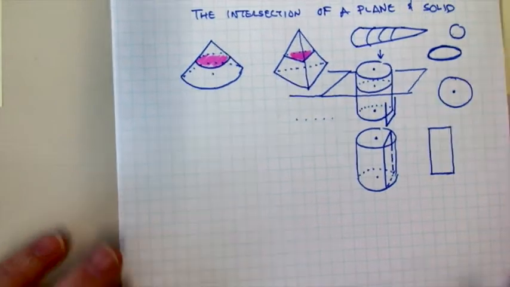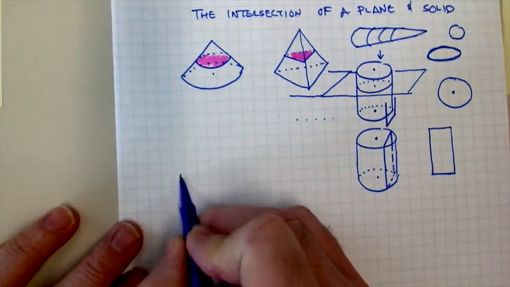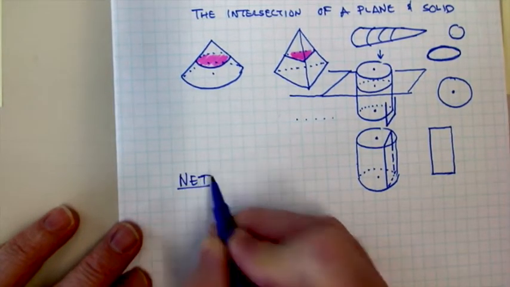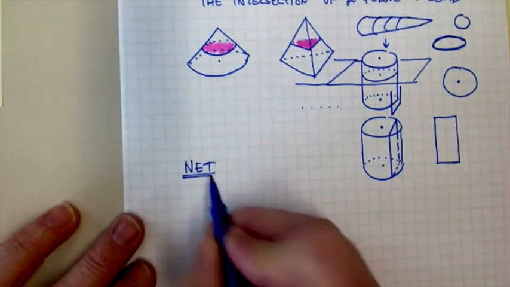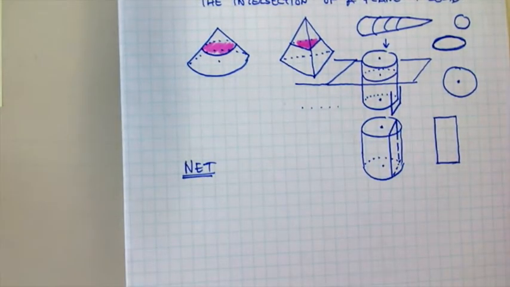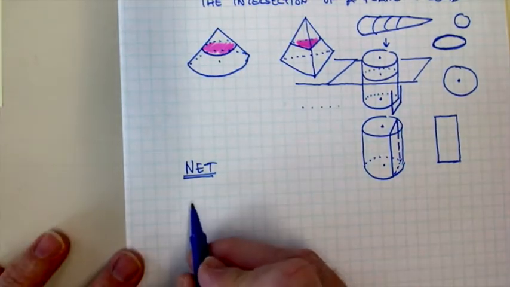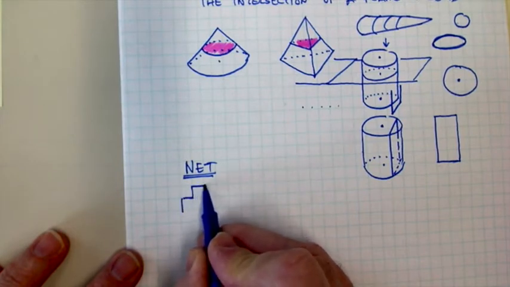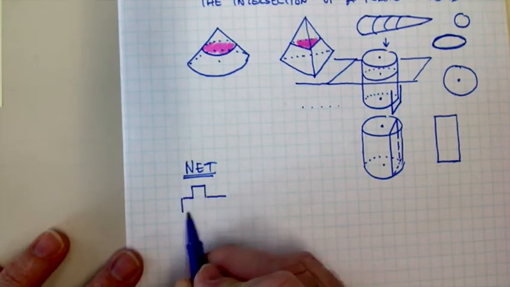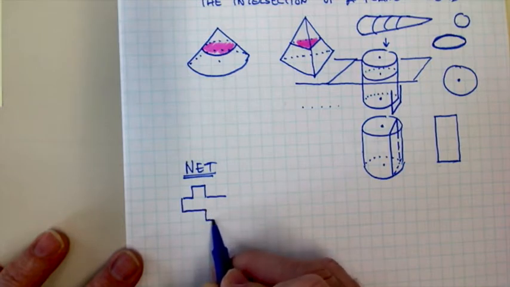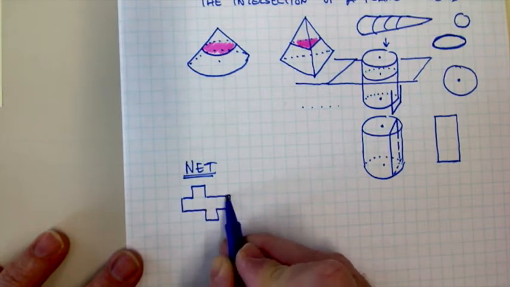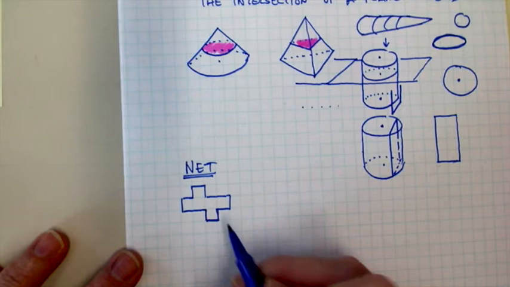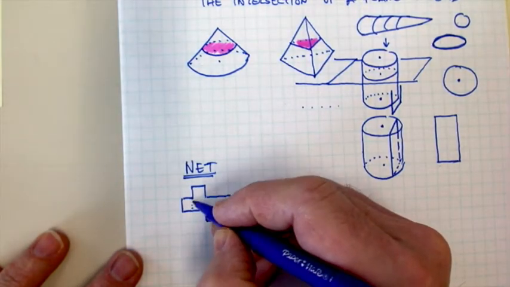Okay? Now, next I want to talk about something that you had been introduced with back in the middle school, and that's the idea of a net. And I'll go rather quickly over this because most people can quickly see what these are. So go ahead and sketch this one down on your paper and see if you know what would happen if I took this shape and folded it all up.